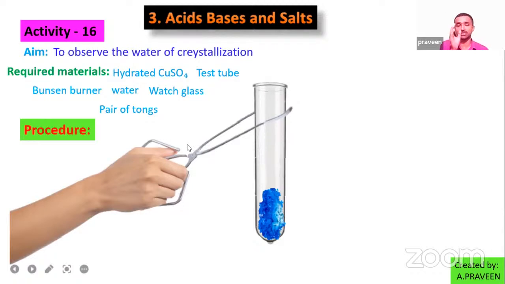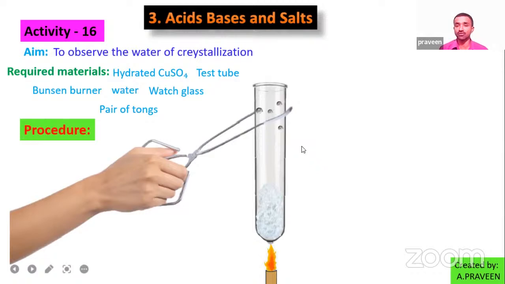So the hydrated copper sulfate is taken into the boiling tube, and we heat it using the Bunsen burner. While heating, observe the boiling tube carefully. What happens in the boiling tube while you are heating? Slowly the color of the salt changes, and you can observe water droplets slowly forming on the inner walls of the boiling tube.